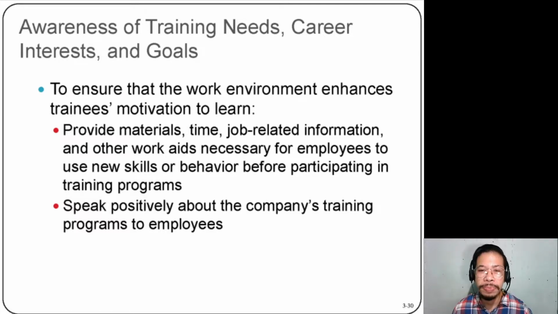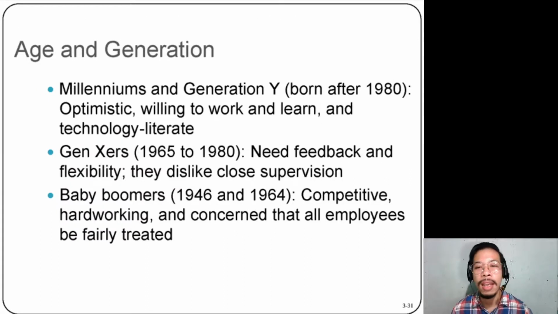And how are the employees going to use the new skills in their existing jobs? Those are the things that you need to consider. Next, you also need to speak positively about the company's training programs to employees because again, you are building a brand from these people and you are bringing the name of the organization.